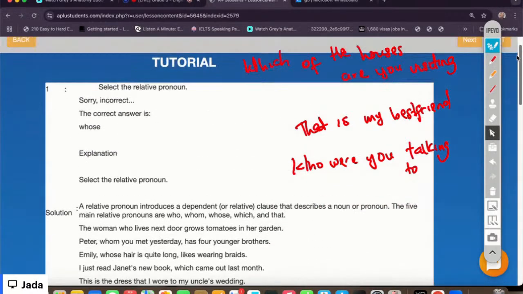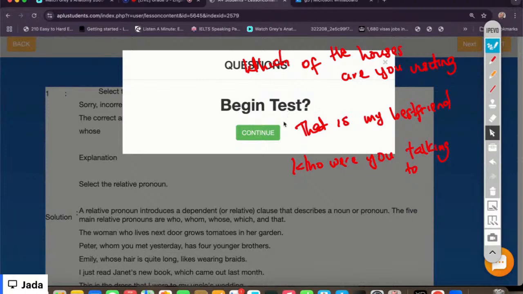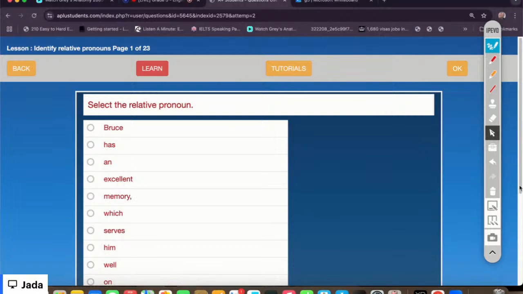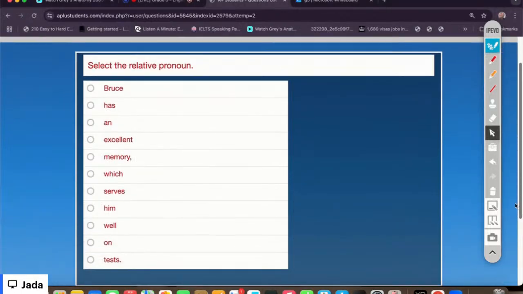Sure, that's okay. So we'll move into the test and we can participate. Select the relative pronoun. Burns has an excellent memory, which serves him well on tests.